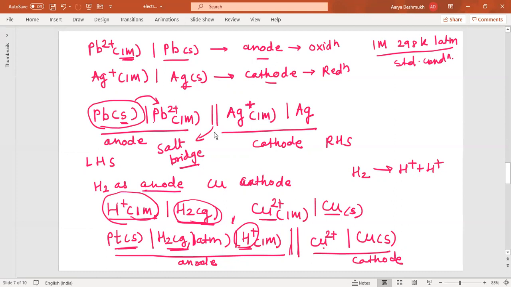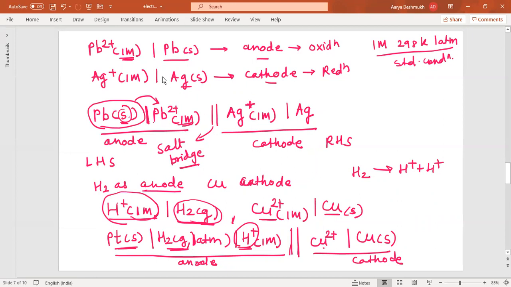This is joined through the salt bridge. The double vertical line represents the salt bridge. The single vertical line represents the phase boundary. Here this is in solid phase, and here this is in aqueous phase.